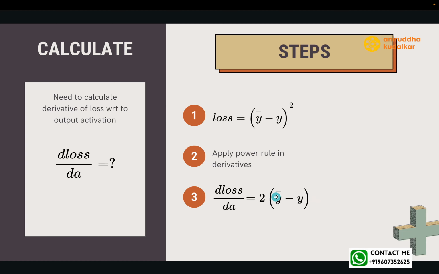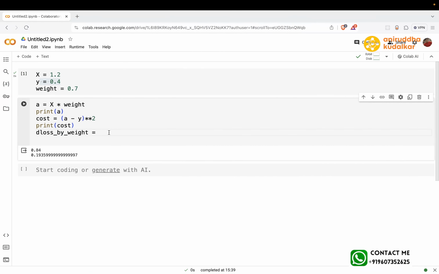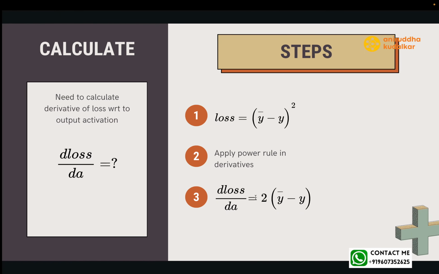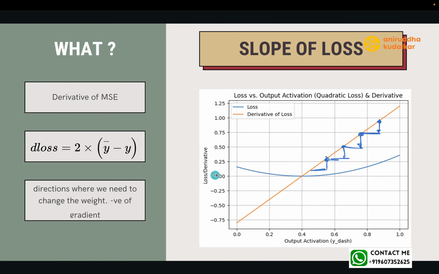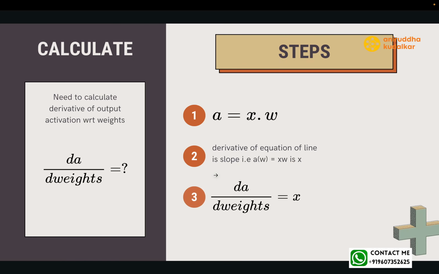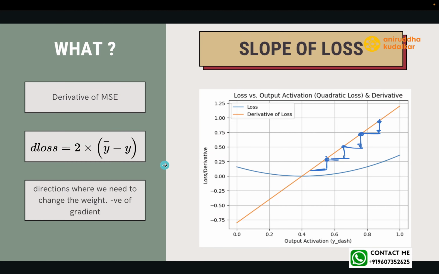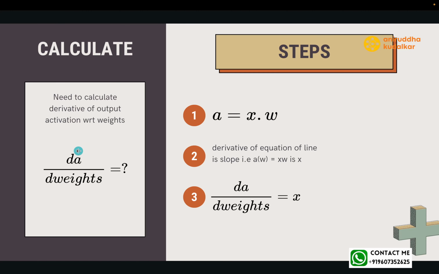Here y dash is the output activation, so you can say 2 multiplied by (A minus y). This is the formula for d loss by dA. I will come back to this slide shortly. Now let's get to dA by d weights.